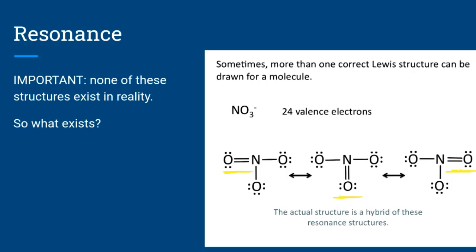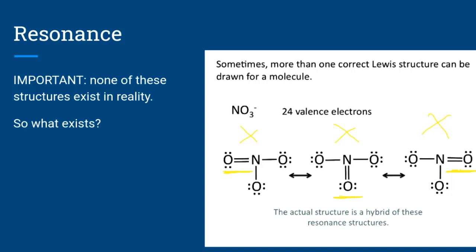I want to tell you guys, resonance is one of those concepts that is so misunderstood in chemistry. In reality, none of these structures actually exist. Yes, that's what I'm saying. This structure doesn't exist, this structure doesn't exist, and this structure doesn't exist. So what really exists? What exists is actually a hybrid of all three of these Lewis structures.